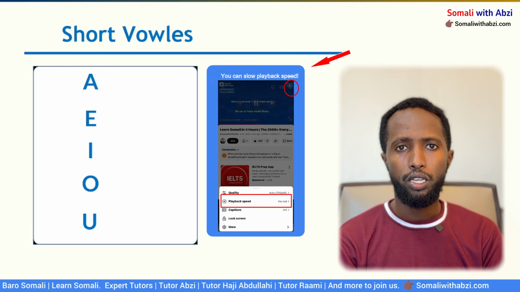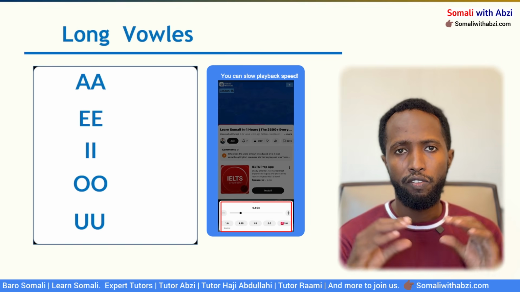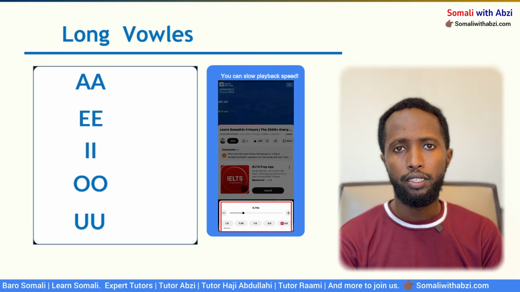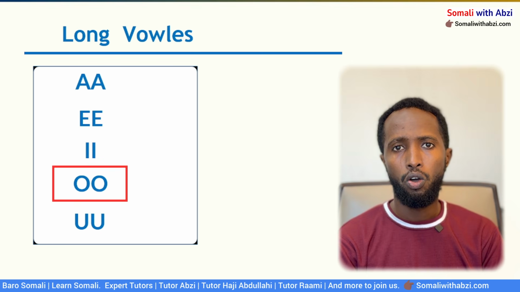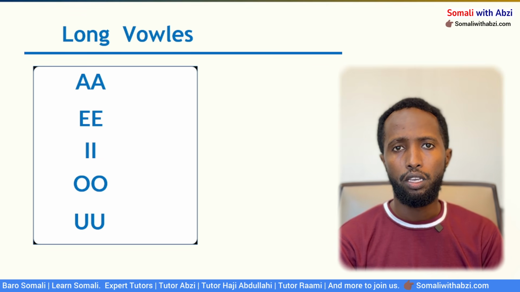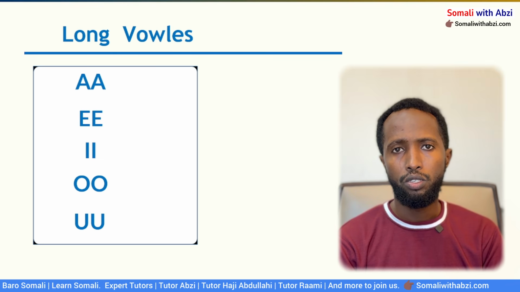And the other type is long vowels, which we make the sound very long, like A, E, I, O, and U. If you become a master of all these vowels, you will be able to read and write Somali words. You can even read a book in Somali.